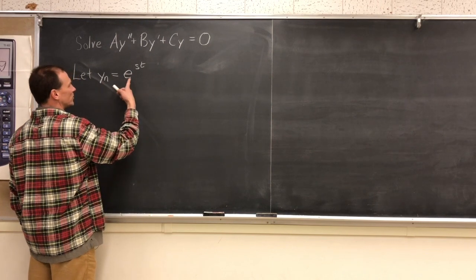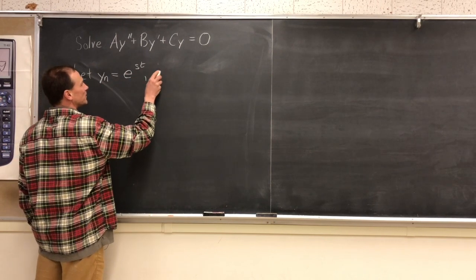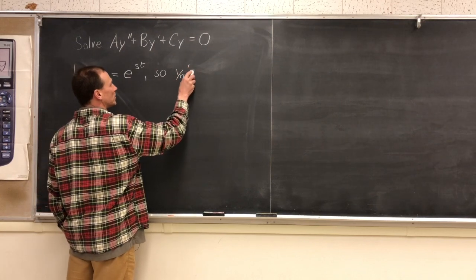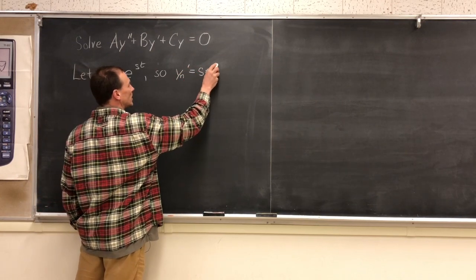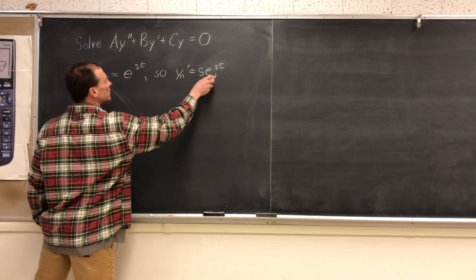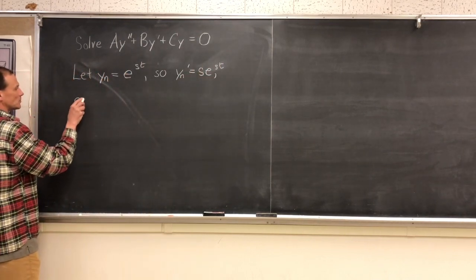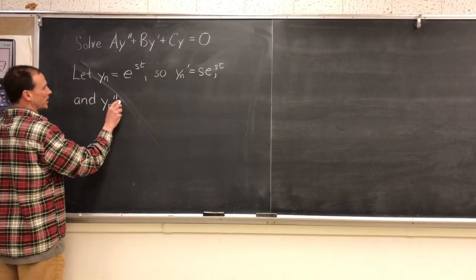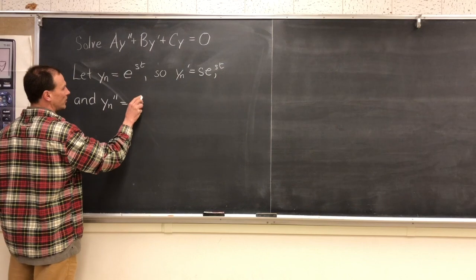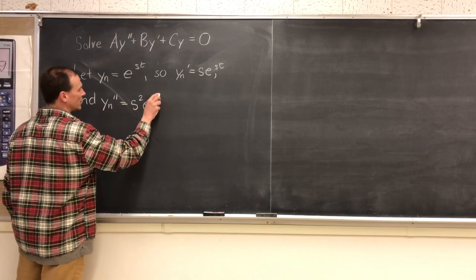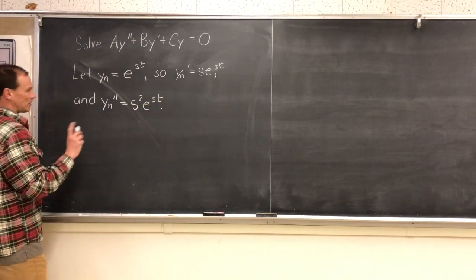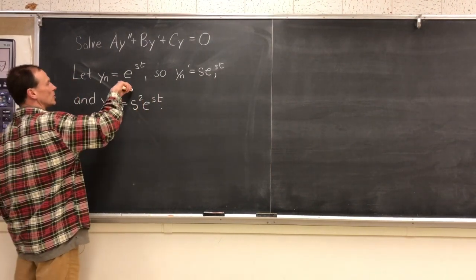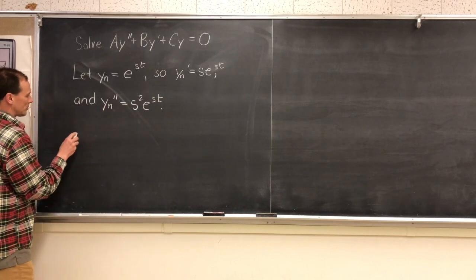We let the null solution be e to the st, so this gave us that y null prime is s e to the st, and y null double prime was s squared e to the st. So then what we did is we substituted our null solution and its derivatives into the original equation.